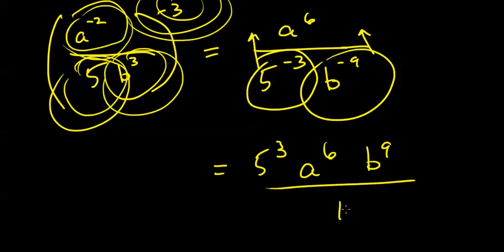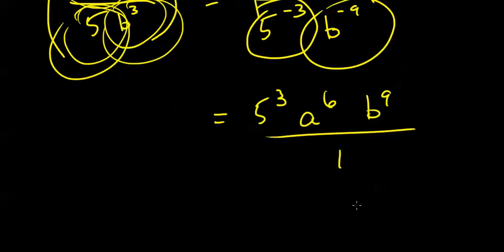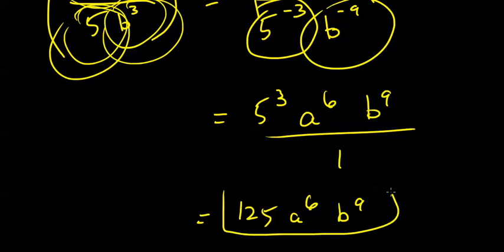And if everything gets transferred upstairs, that leaves an invisible 1 as a factor in the denominator, which of course is a redundant denominator. So I know that 5 cubed is 125, a to the 6th is a to the 6th, and b to the 9th is b to the 9th. This would be my final, most simplified return for the above problem, simplified with positive exponents only. Okay.